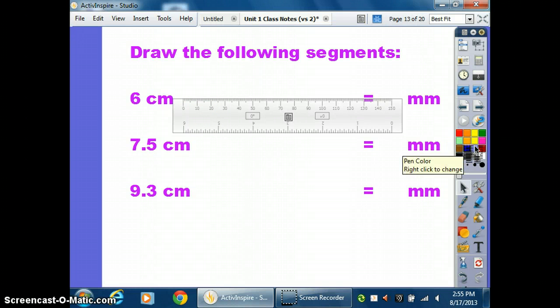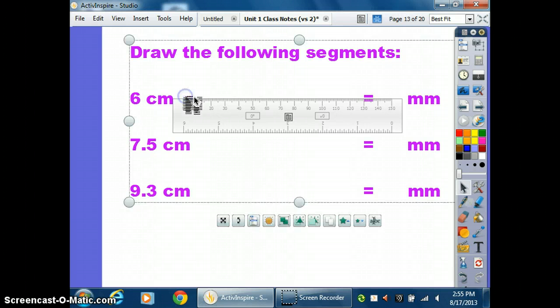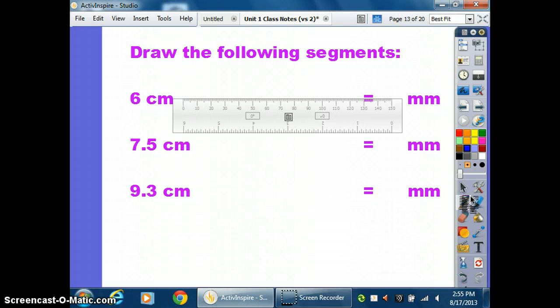Make sure you start at the 0. And I'll stop right here on the 60 because that's 6 centimeters for me. It's 60 millimeters or 6 centimeters.